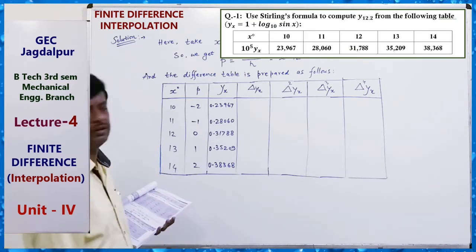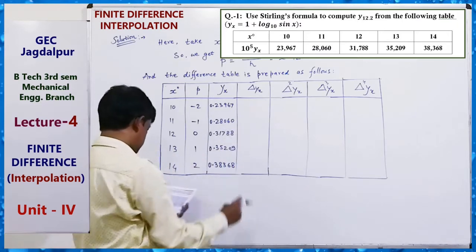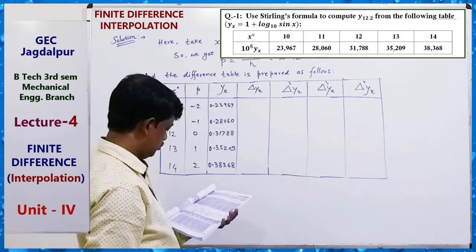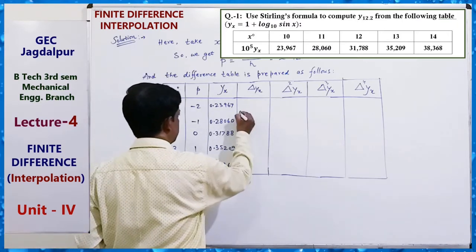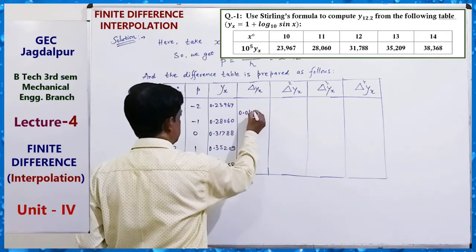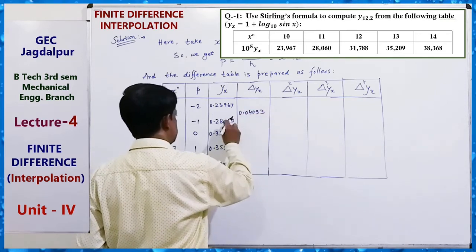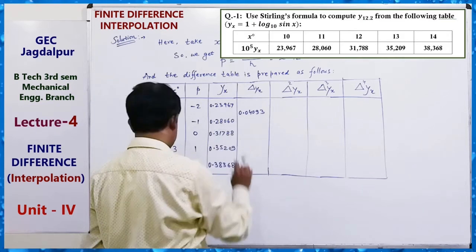Now make the table. This minus this is equal to 0.04093.